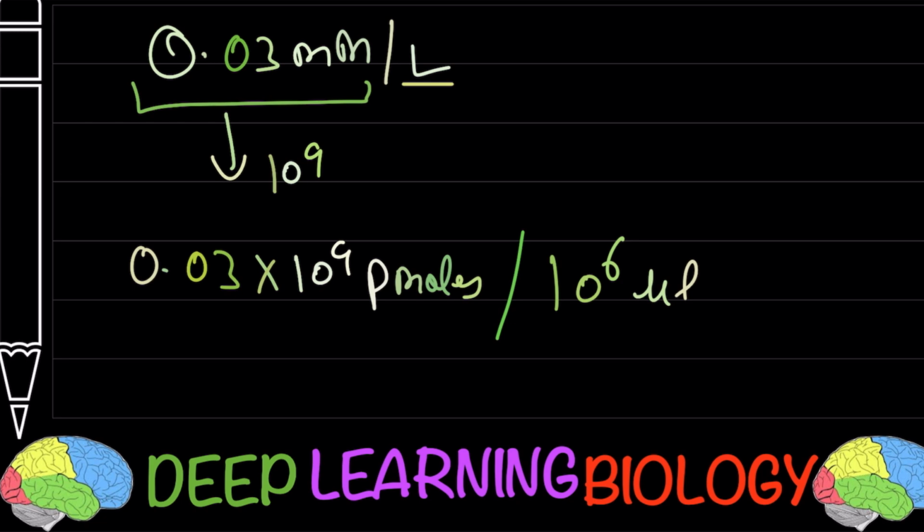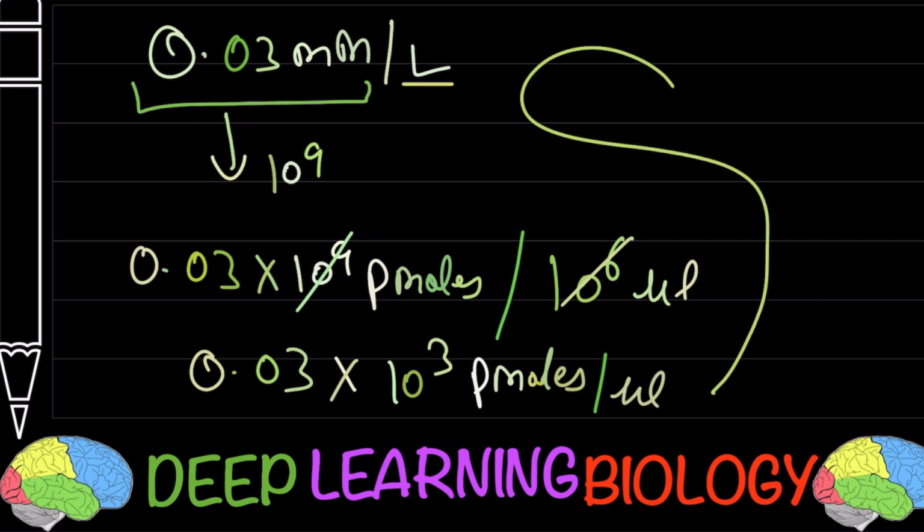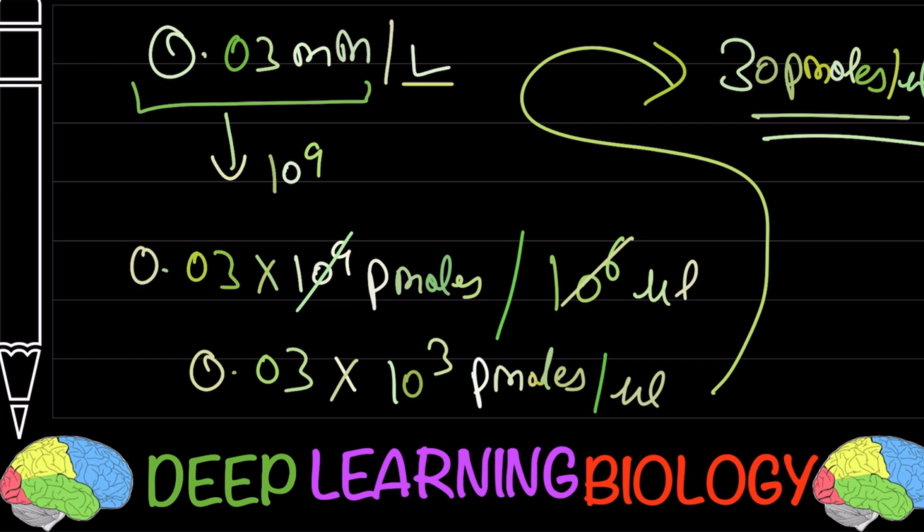If you solve this, 10 to the power 9 over 10 to the power 6, you get 0.03 into 10 to the power 3 picomoles per microliter. And if you solve this, it will come out 30 picomoles per microliter.